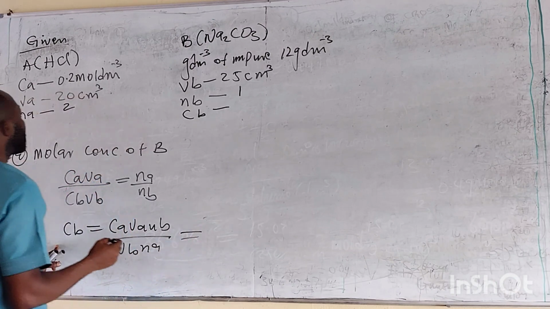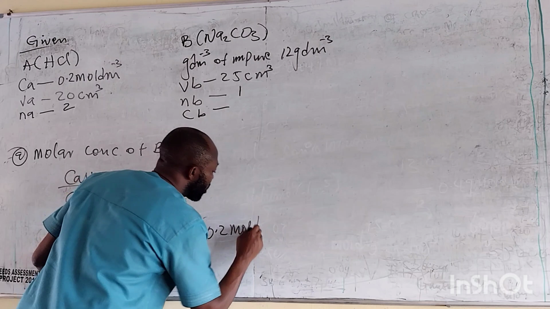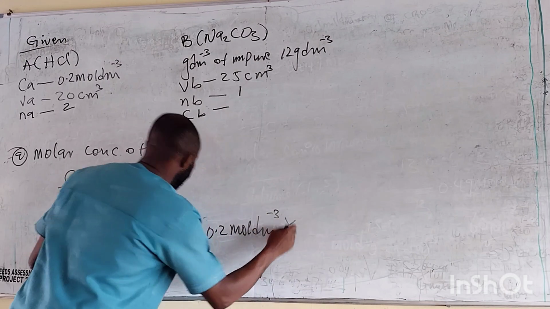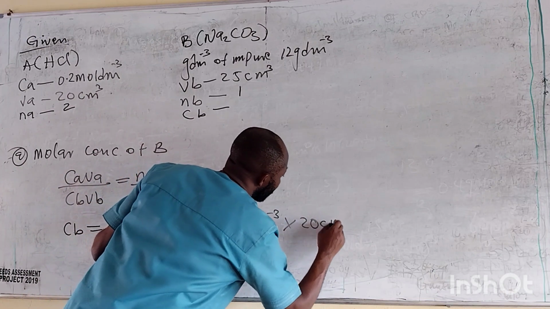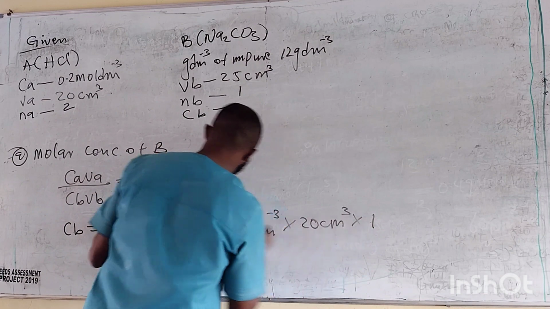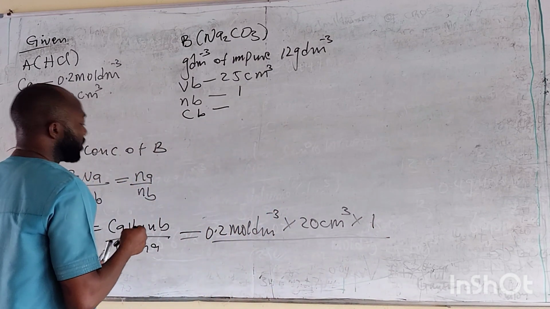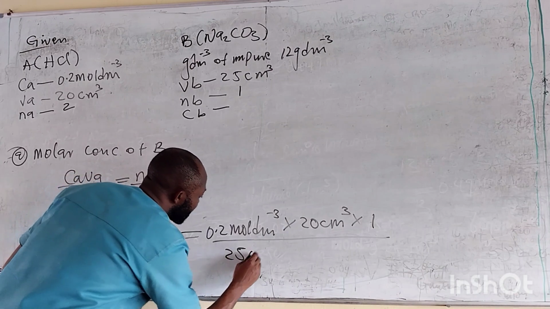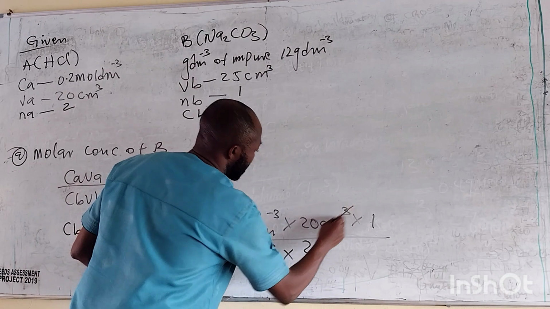And this is equals to CA is 0.2 mole per dm cube, times VA, volume of the acid, is 20 cm cube, times number of moles of the base, which is 1, over volume of the base, which is 25 cm cube, times number of moles of the acid, which is 2.